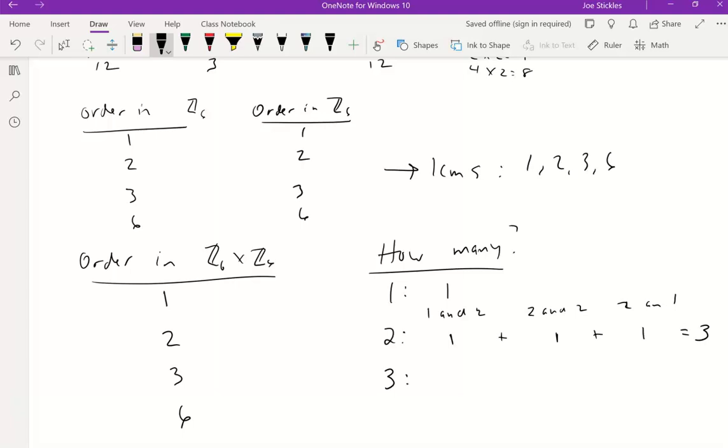So 3 and 1 together will give you 2 total. 1 and 3 together will give you 2 total. 3 and 3 together will give you 2 total. So we get 6 total. That means how many should we get when we find the elements of order 6? How many better we count?